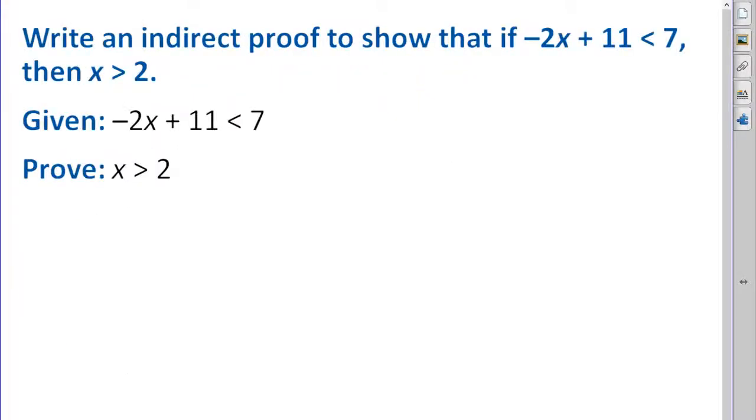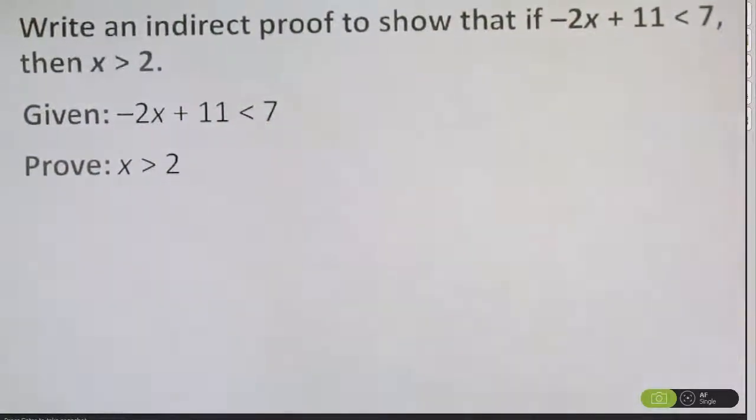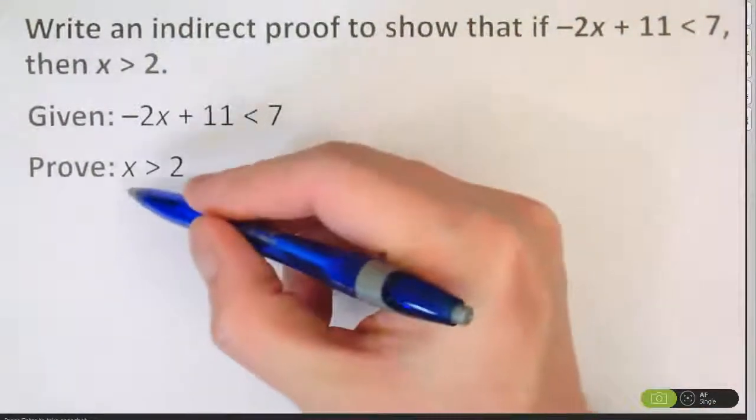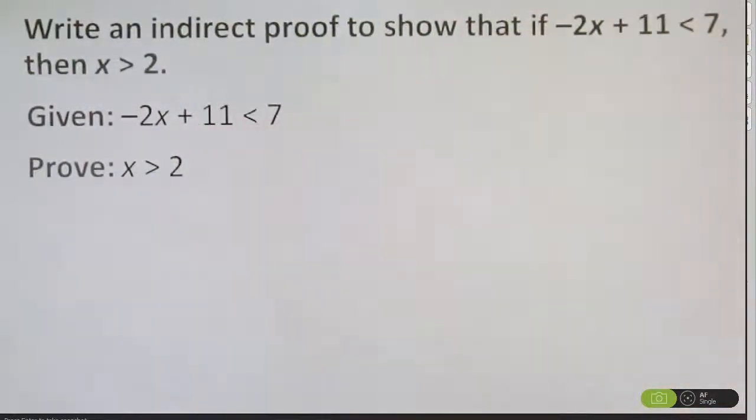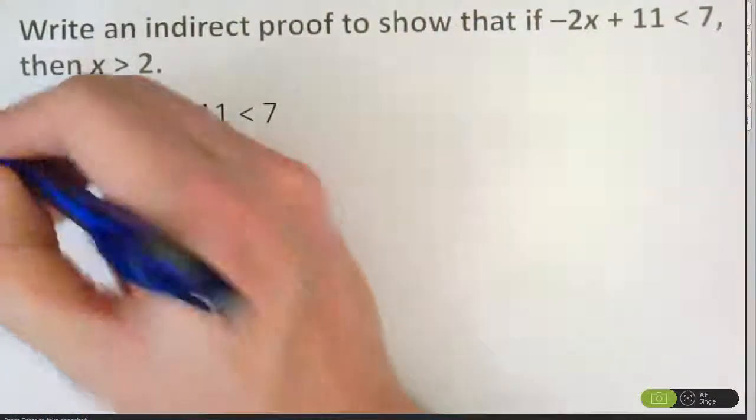So now one of these proofs in action. We want to write an indirect proof to show that if we know negative 2x plus 11 is less than 7, then x is greater than 2. So here's the deal. The first step of an indirect proof is to identify what you're trying to prove. Well, I'm trying to prove that x is greater than 2. That's the first step.